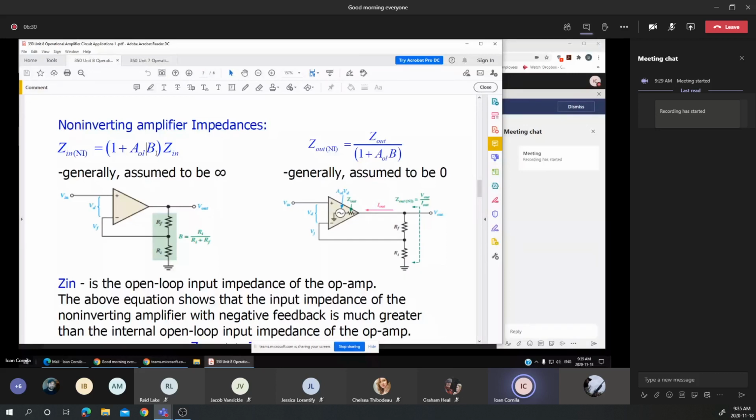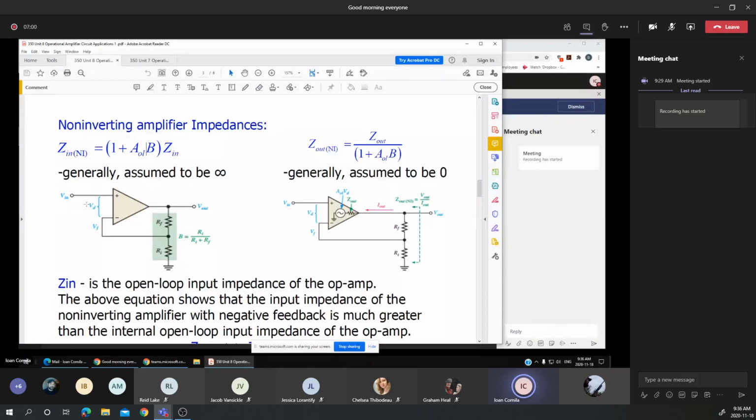B is defined as the attenuation, or the ratio of the two resistances, the Ri, and on the denominator we have the two resistances, the Ri and the Rf. Remember that this group of the two resistors Rf and Ri will define the Vf, or the feedback voltage.